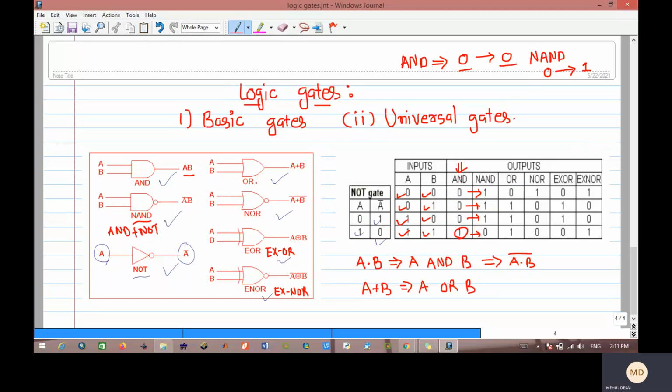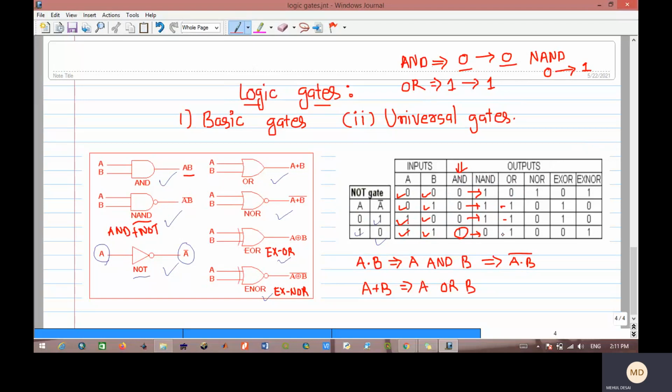Now the next gate is the OR gate. Here is the truth table of the OR gate. The definition says that if any input is 1, then the output is 1. Here this one is 1, so the output is 1. Here also 1, so the output is 1.